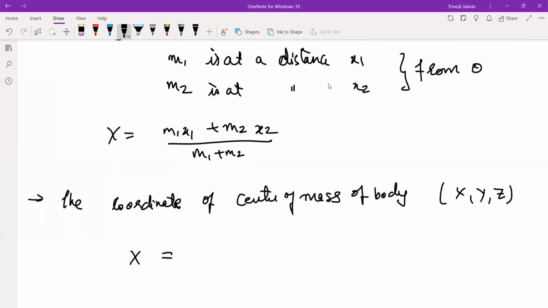So X equals the summation of mi xi divided by capital M. What is capital M? Sum of all mi. What is mi? Mass of the ith particle. Then what is i? i is a particle, it's a point.